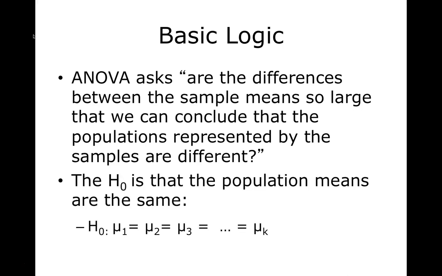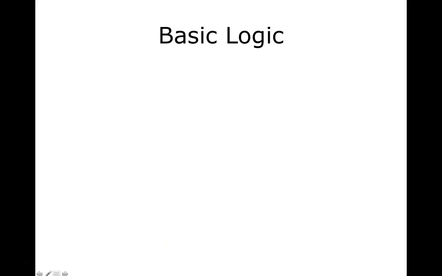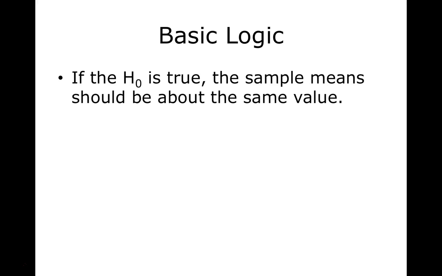So the null hypothesis is that the population means are the same. So again, the means across whatever groups, and this K represents the number of groups that we have. So the group mean of group 1, 2, 3, etc. are all the same. And so the population means is what the nomenclature there is.